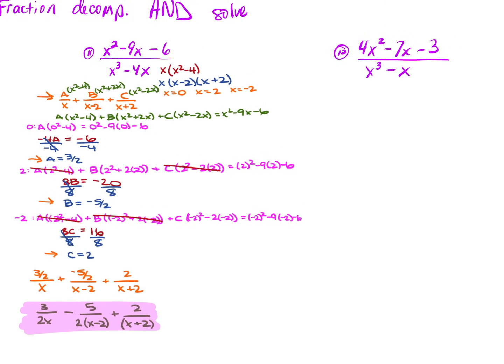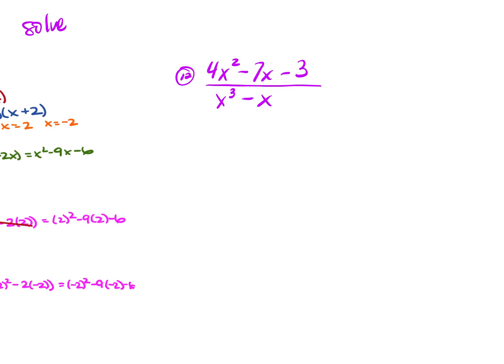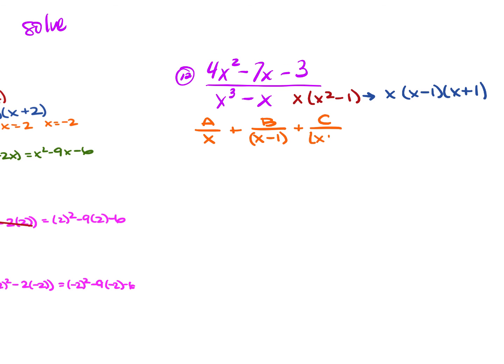For number 12, we have 4x squared minus 7x minus 3 over x cubed minus x. This x cubed minus x is going to factor to be x times x squared minus 1, and that factors to be x times x minus 1 times x plus 1. So this is going to give us a over x plus b over x minus 1 plus c over x plus 1.